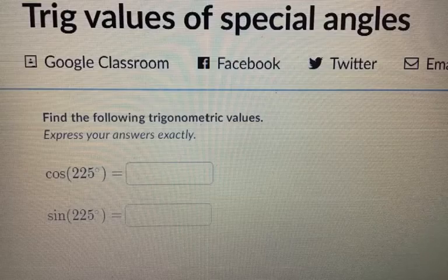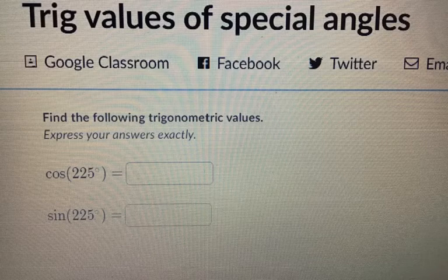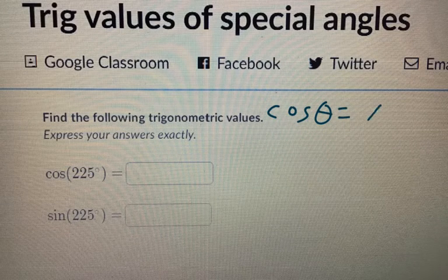All right? So, first rule of thumb, and even if we don't understand this right now, we're going to remember that whenever they give us cosine of an angle on a unit circle, that's the same thing as x.